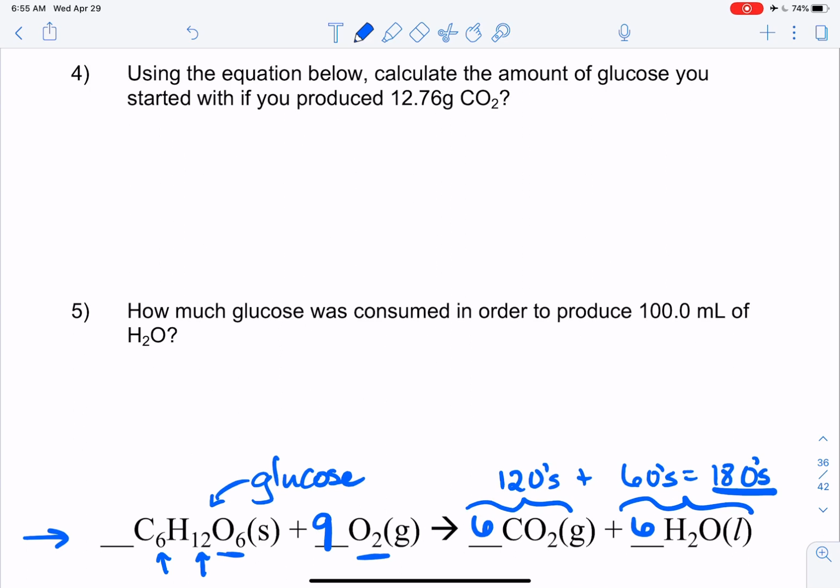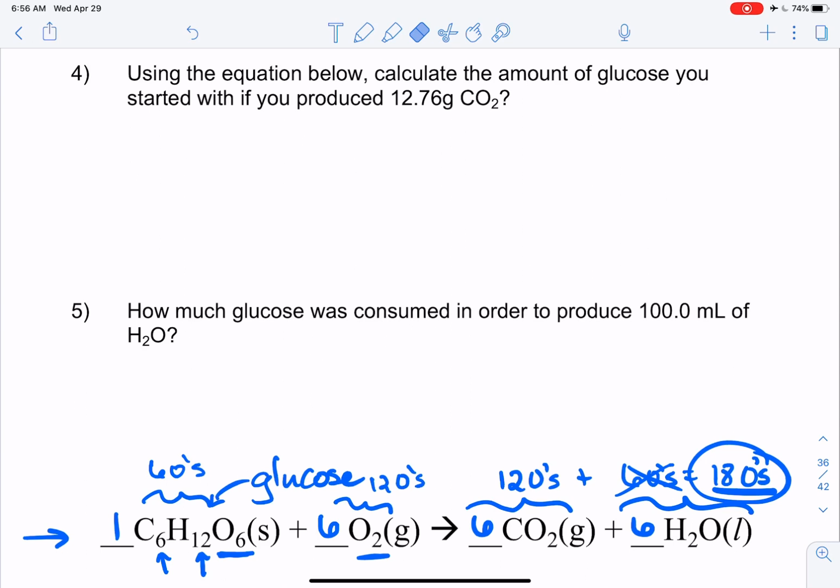But what we need to not ignore is the fact that there are 6 oxygens coming from this one glucose over here. So writing 9 O2s wouldn't be correct because we already used up 6 of our oxygens from the glucose, so we don't need that part. So what we need is 6 O2s here, so that we have 12 oxygens from our 6 O2s, and we have 6 oxygens from our glucose, and that gives us 18 oxygens on both sides.